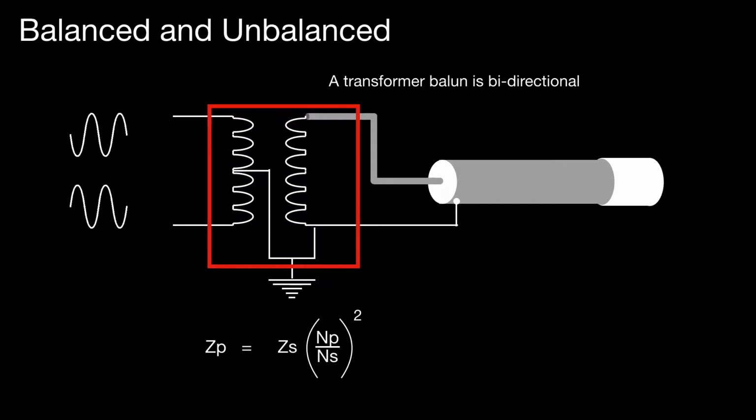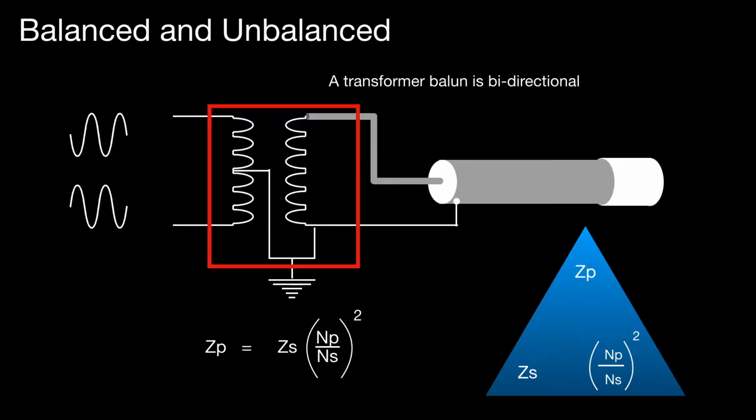Now that formula has three terms, a little bit like V equals IR, with V being analogous in this case to ZP, I being analogous to ZS, and NP over NS squared being analogous to R. And so we can use the same technique that we've used in the past with the formula triangle to change the subject of the formula.